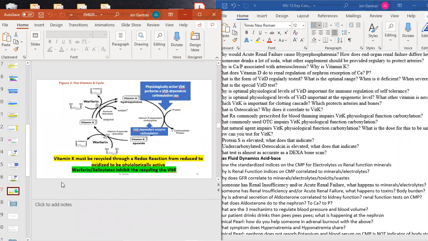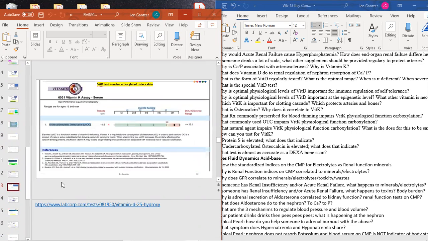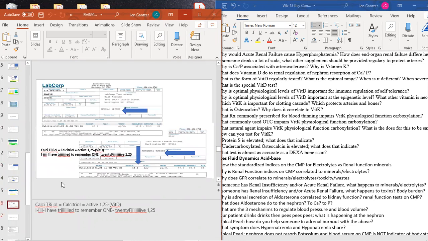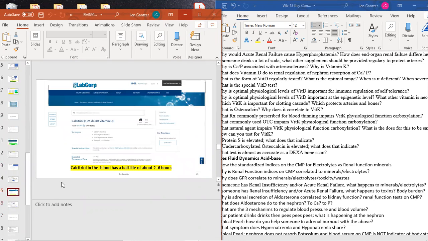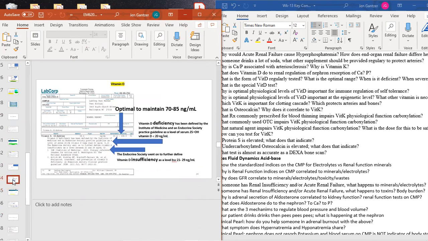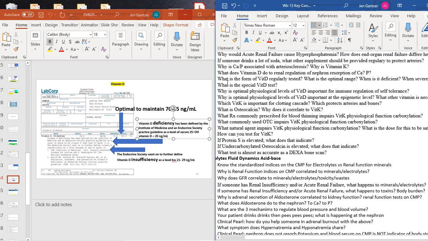The difference is, if you had a special test, the 125 calcitriol has a very short half-life and it has a different range. When we're looking at the normal vitamin D that we test, we are testing the inactive form, hydroxycalcitriol. So we want optimal levels of 70 to 85. Remember, 32 is approximately what we call vitamin D deficient.